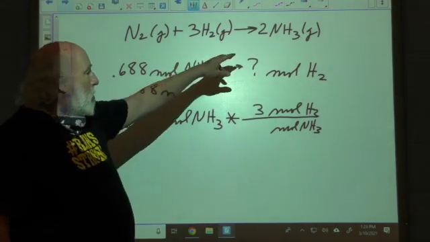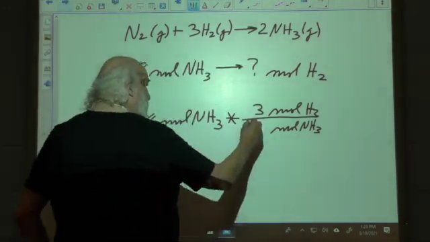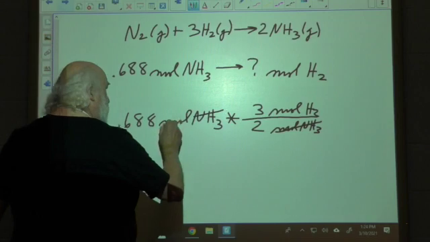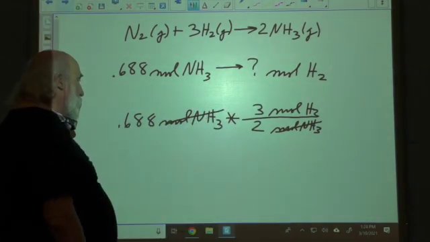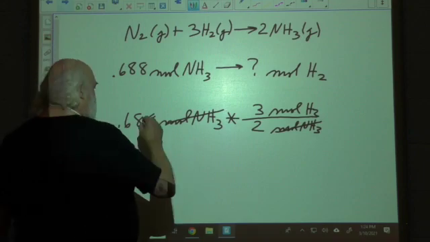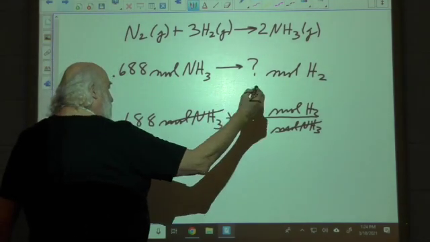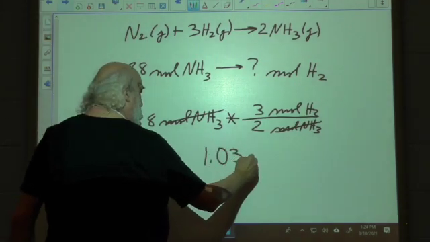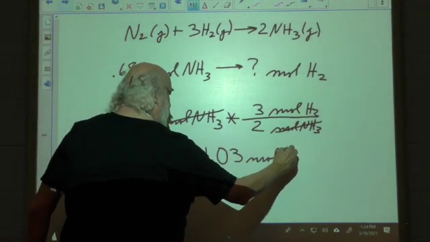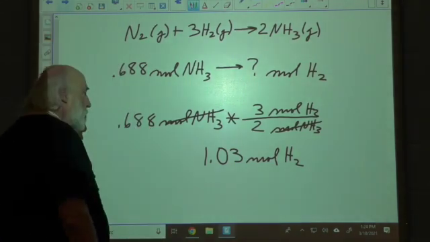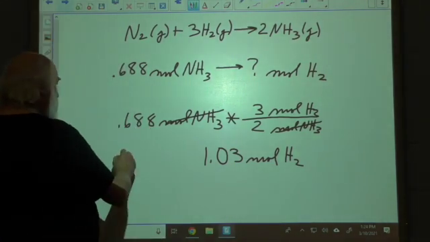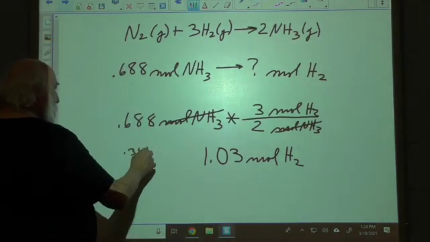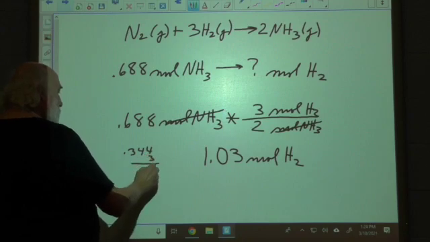The ammonia has a 2 in front. The moles of ammonia cancel out to leave us moles of hydrogen, which is what I want. When I multiply this out, I take 0.688 times 3 divided by 2. The answer is 1.03 moles of hydrogen. Let me make sure that's right. Oh yeah, it is right.